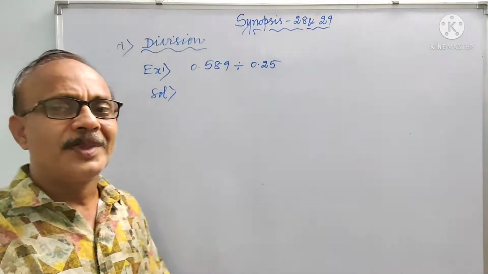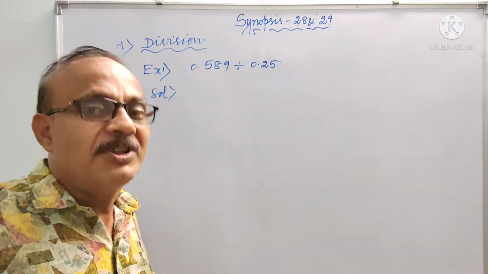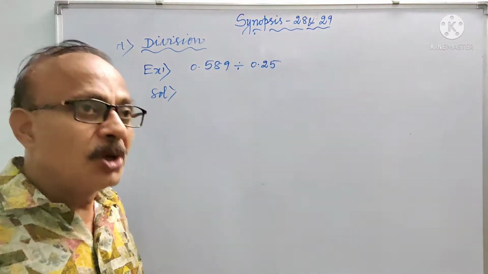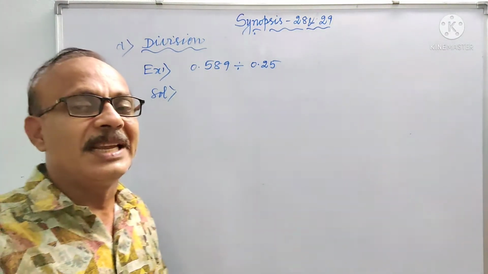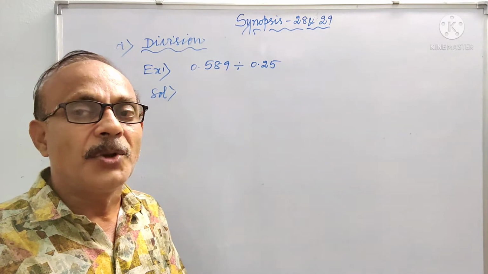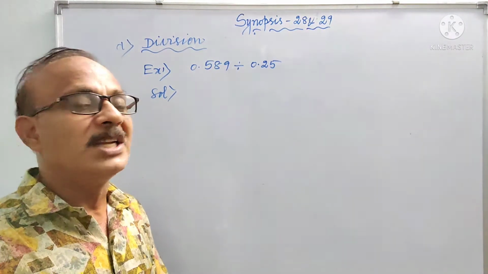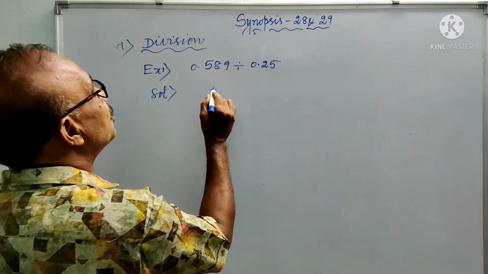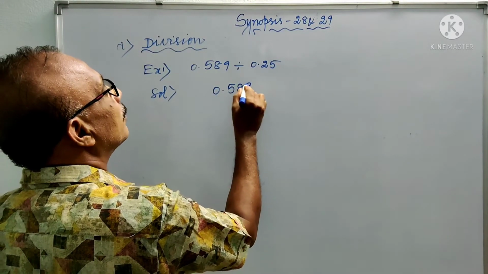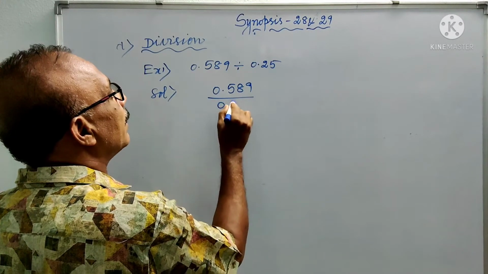So here it is not possible to perform the division easily with a decimal. So to make it easy, we convert the divisor into a whole number. For that purpose, first I write the given division in the form of a fraction. We all know A divided by B is nothing but A by B.